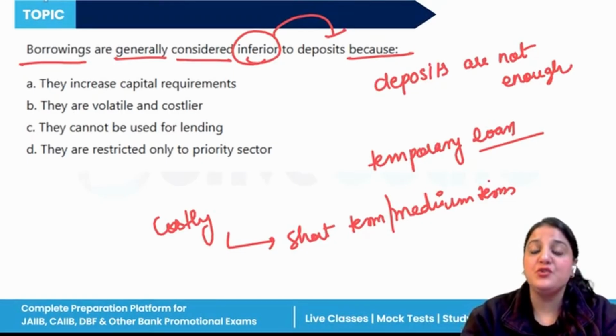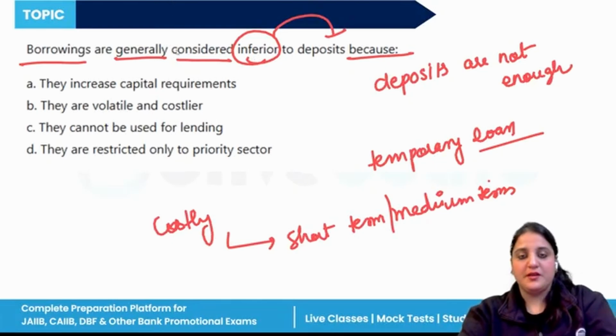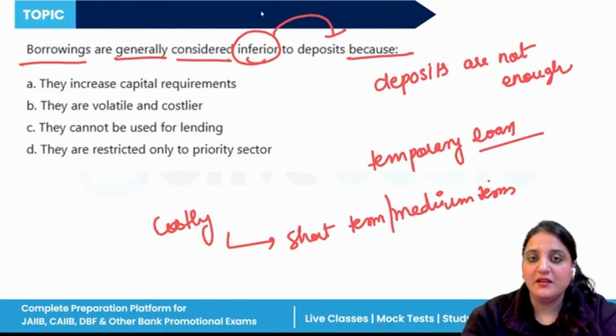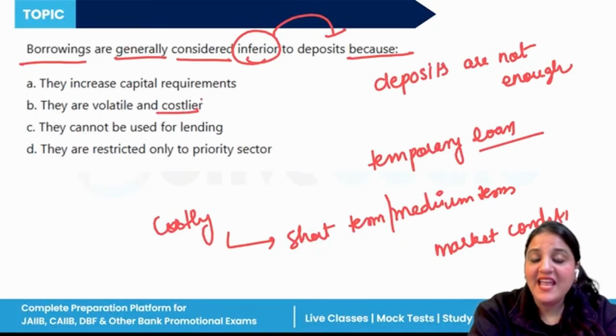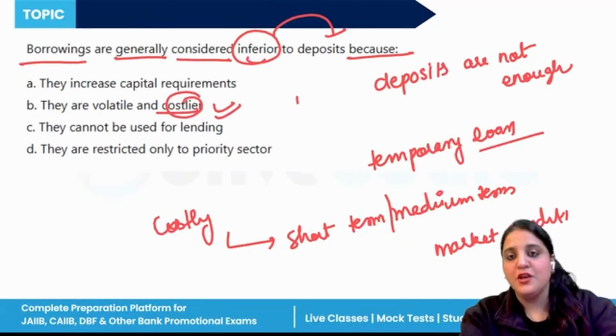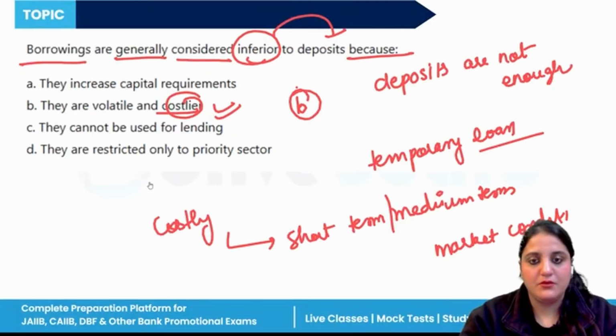They are used mainly for liquidity shortage or liquidity support, right? Borrowings are considered inferior to deposits because they are sensitive to market conditions, volatile, and costlier. So option B is correct. Got it?